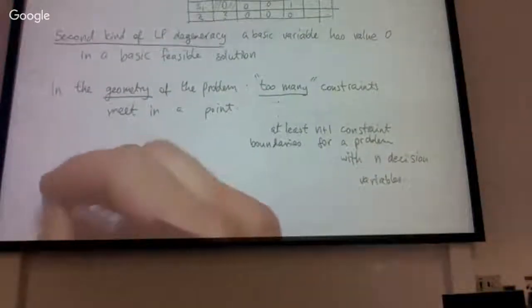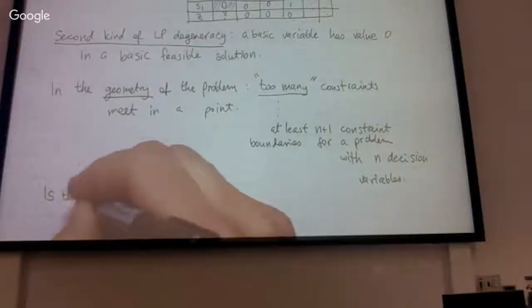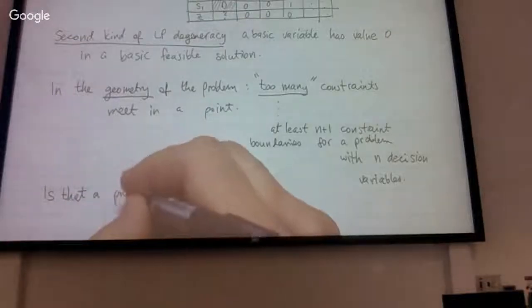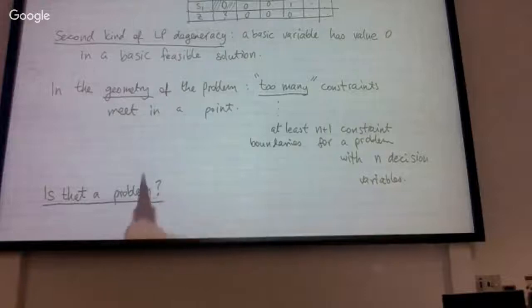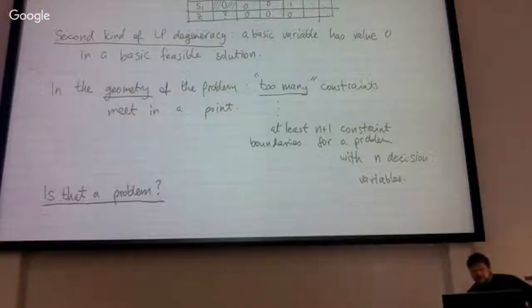Question: is that a problem? Do we have to care that there's a 0 in the value of a basic variable, or is it okay?